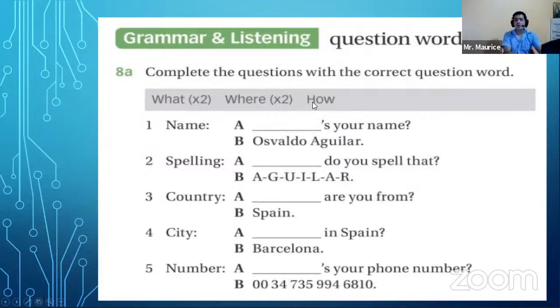And the word how once. Okay? So read carefully and decide. Complete this conversation. For this activity, guys, 2 minutes. 2 minutos, por favor. Complete it.